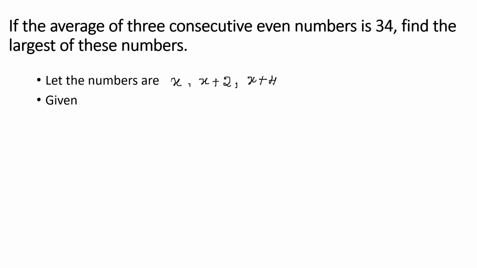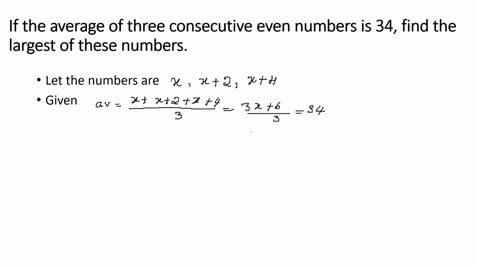Now it is given that the average of these numbers is 34. So what is average? Average is nothing but the sum of the numbers, that is x plus x plus 2 plus x plus 4, divided by the total number of values, which is 3. That is 3x plus 6 divided by 3, which is given as 34 here.